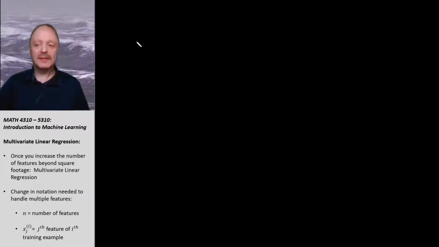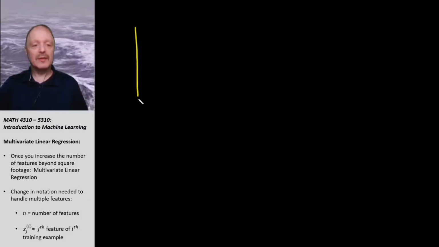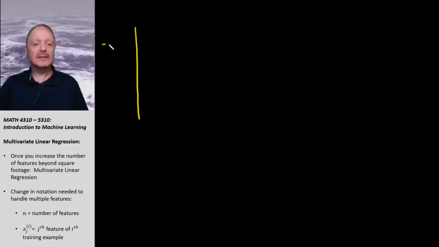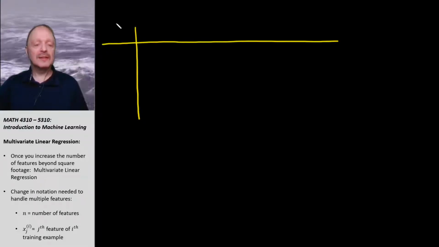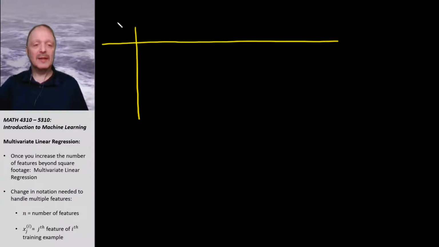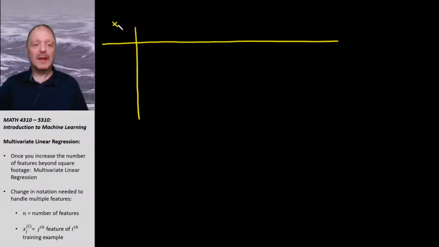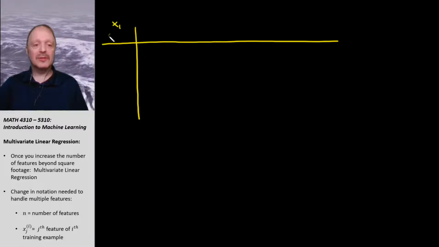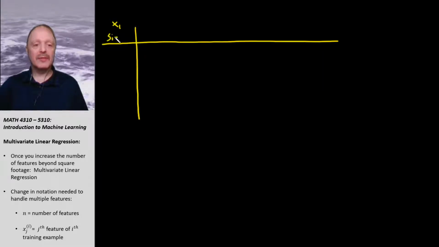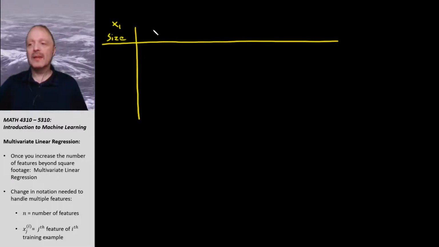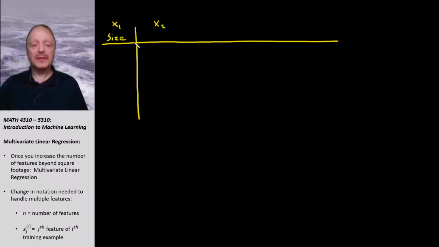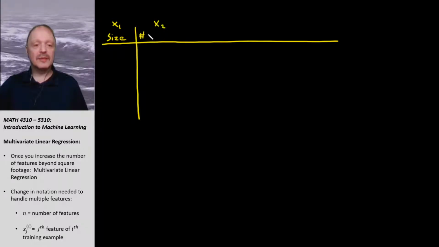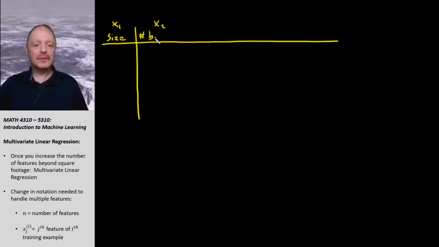This is going to be x sub 1, the size of the house in square feet. x sub 2 is going to be the number of bedrooms.